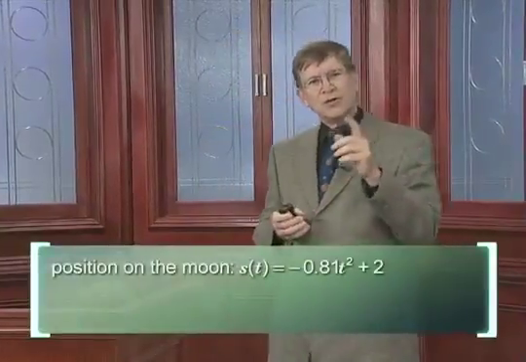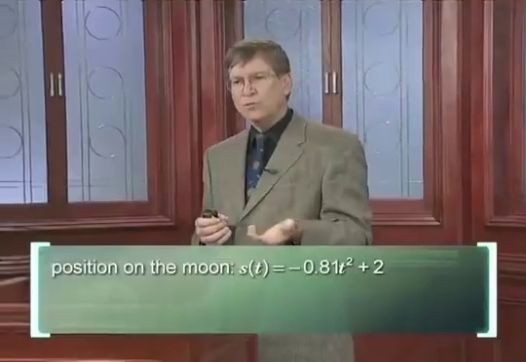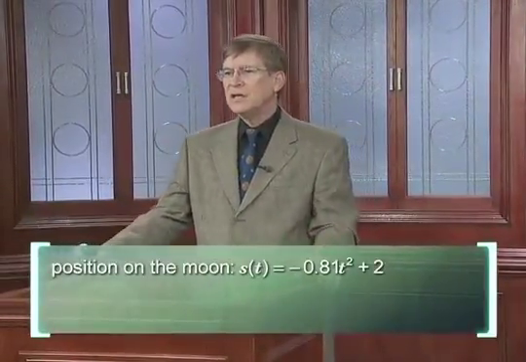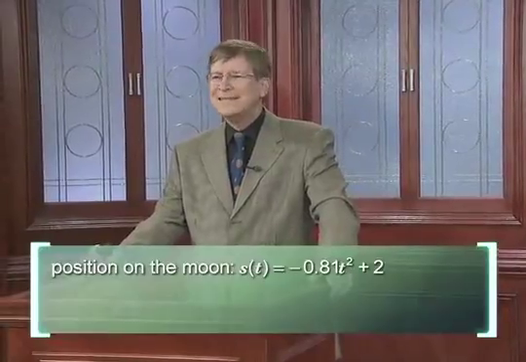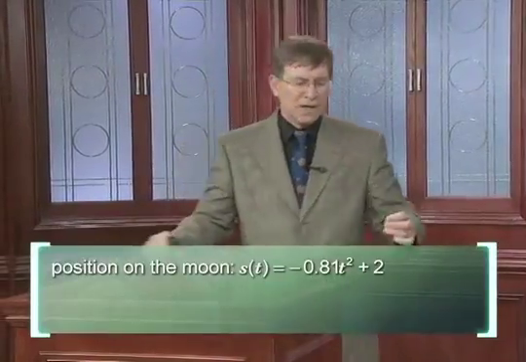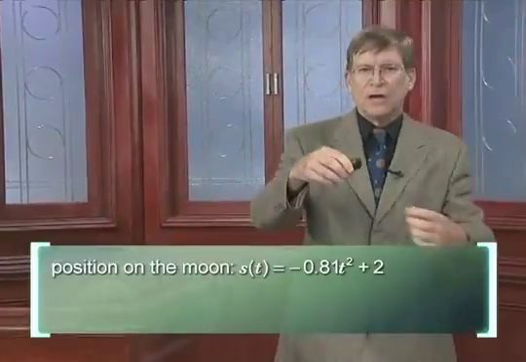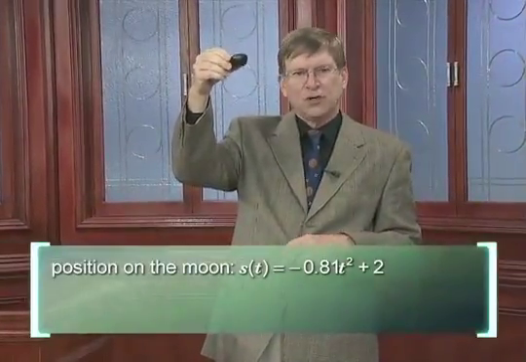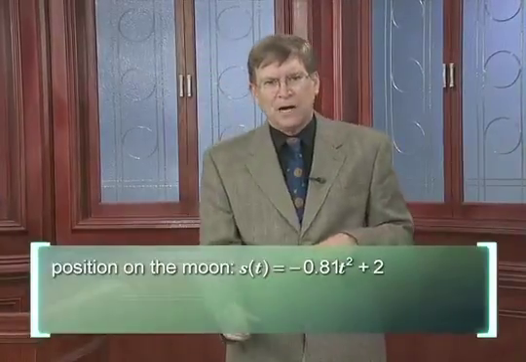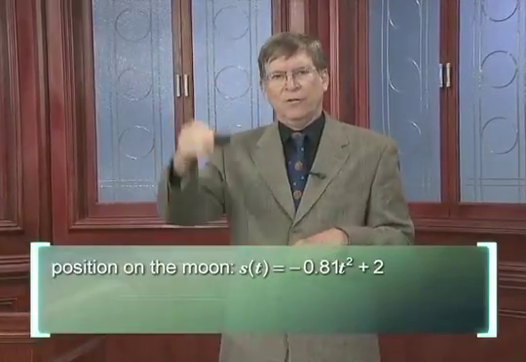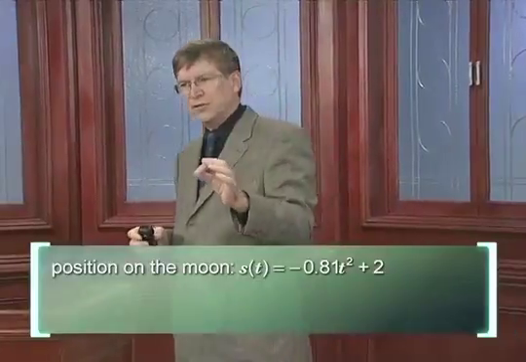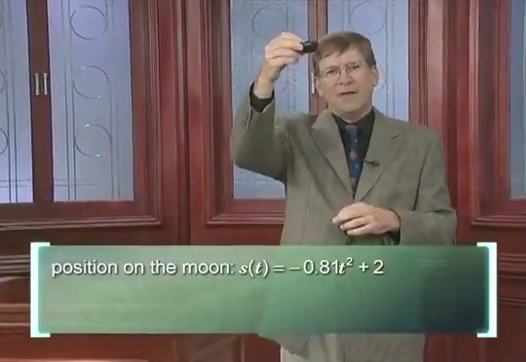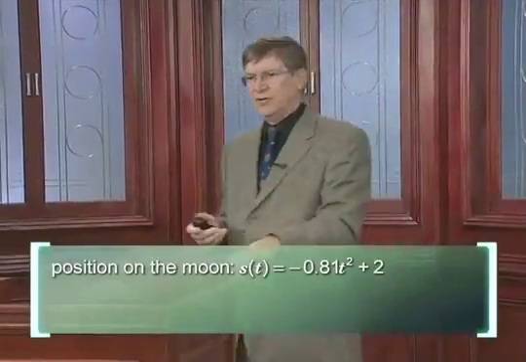The position function for falling objects on the moon is s of t equals minus 0.81 t squared plus 2. The plus 2 means the falling object is 2 meters above the surface of the moon when I drop the hammer or the feather. At time 0, it's 2 meters above the moon, and then it falls down according to that position function.